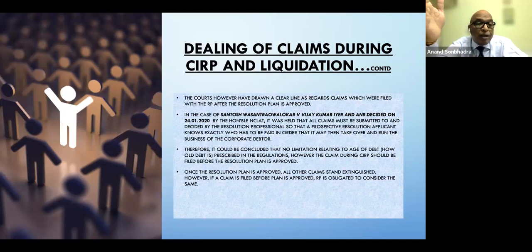Because except for technical reasons and non-compliance under Section 30 subsection 2, or any kind of technical reason, the adjudicating authorities do not have power to overturn, reject, or not approve a resolution plan which has been duly approved by the COC. It is the commercial wisdom which prevails.